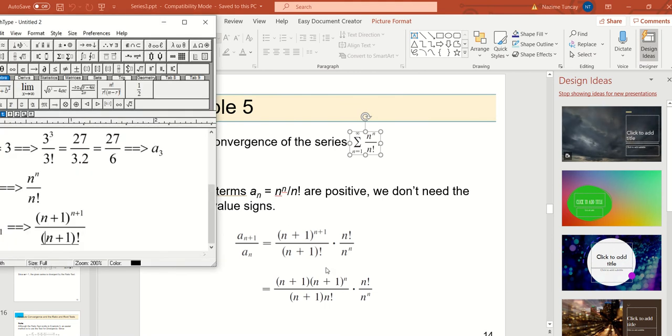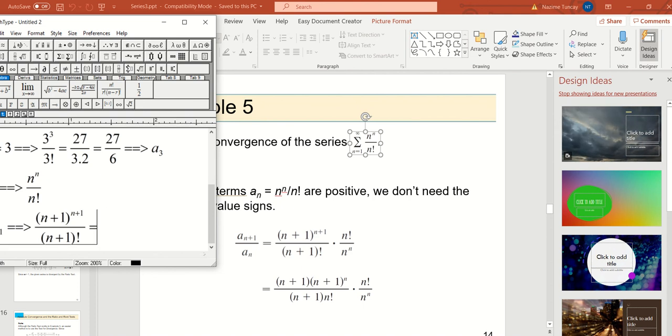This is the a_(n+1) term, and this is divided by a_n. You know that when it is divided, you change the order. So this is n factorial over n to the power n, and to solve this, you can separate it like this.